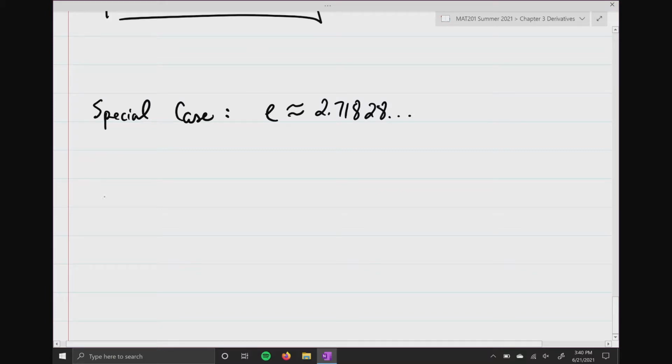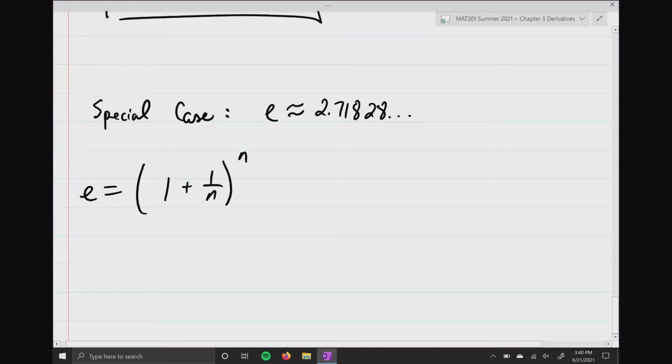The first way is to look at this quantity that we have here. So 1 plus 1 over n, all raised to the n power, is how we define e.